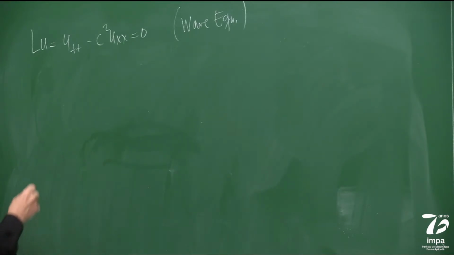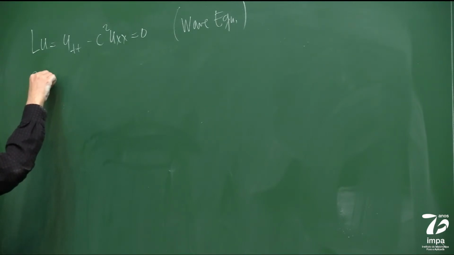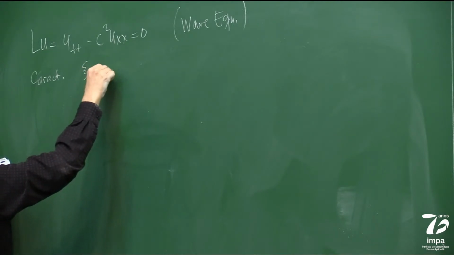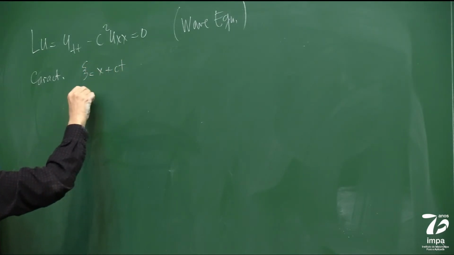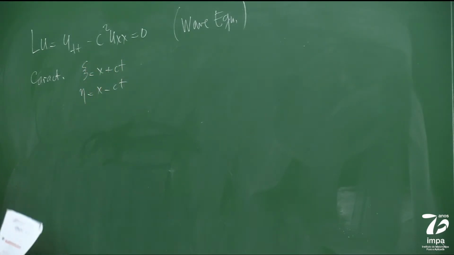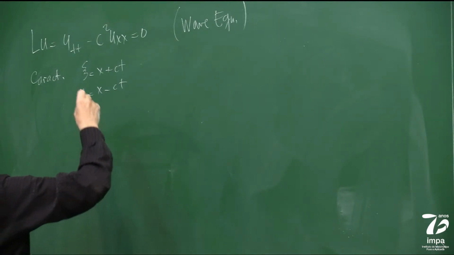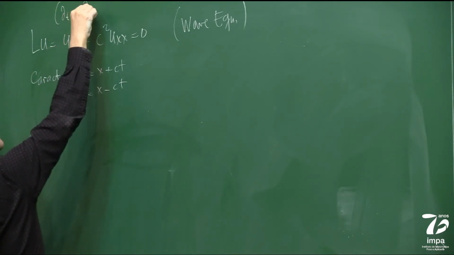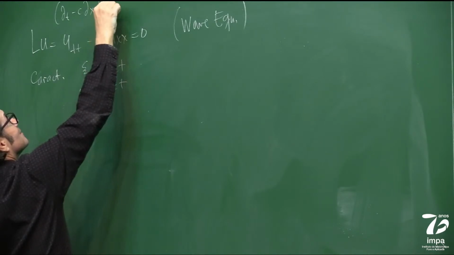Okay, so here, the characteristics are like this, right? It's not difficult to see. Also, you can see that this operator can be written like this.